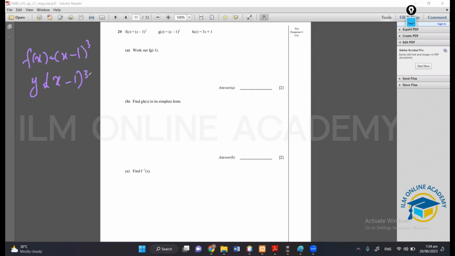So y is equals to x minus 1 का cube, and then in the next step you have to interchange x and y. Then it means that जहां जहां y है वहां x कर दे, जहां x है वहां y कर दे। So the answer is x equals to y minus 1 का whole cube। Now in a more simpler form, अब यहाँ पे cube आ गया, तो it's better not to apply formula but to apply the cube root.